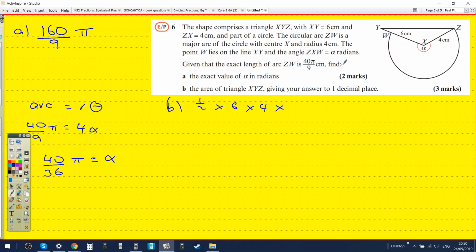So how did you get your 160 over 9 pi? That's alpha. So yeah, I do 2 pi minus 160 over 9 pi, because 2 pi is 360.